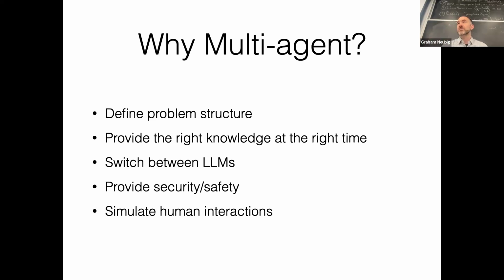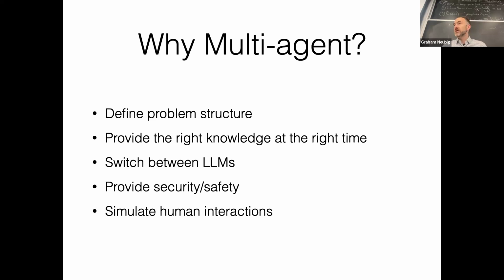Or maybe each one had a special LM that was tuned on Amazon specific data or something like that. So that would be one way to do things. Similarly, providing the right knowledge at the right time. That's another example. You have an Amazon agent or a GitHub agent or something like that.